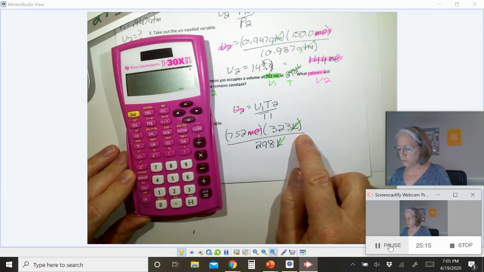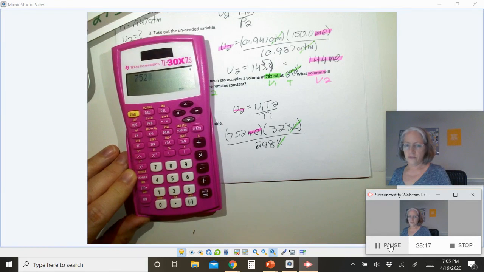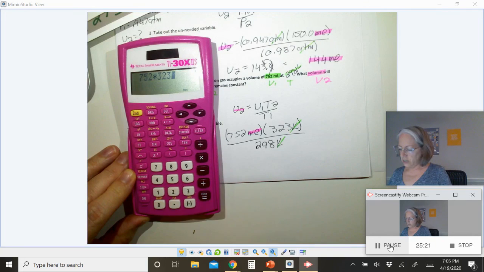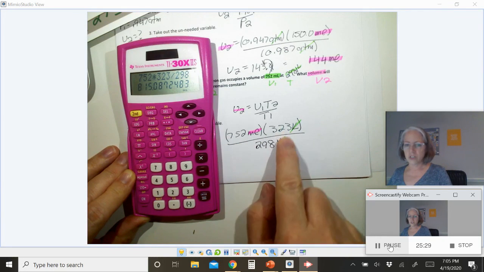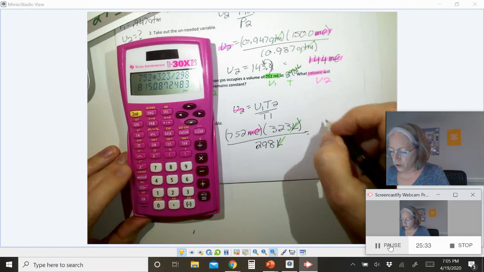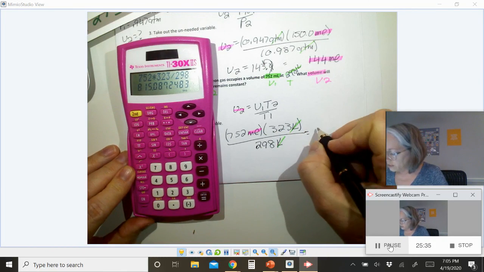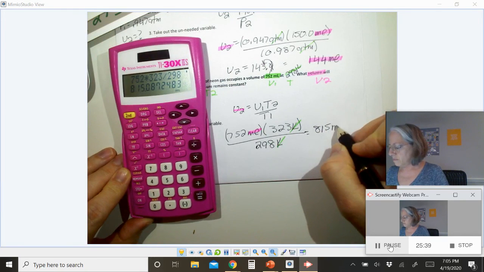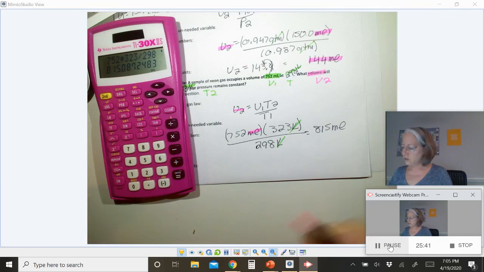Top numbers you multiply, 752 times 323. On the bottom, divide 298 equals, everything is 3 digits. So we're going to use 3 digits for the answer. So we have 815.0, 815 ml. Answer for the volume in the new sample.